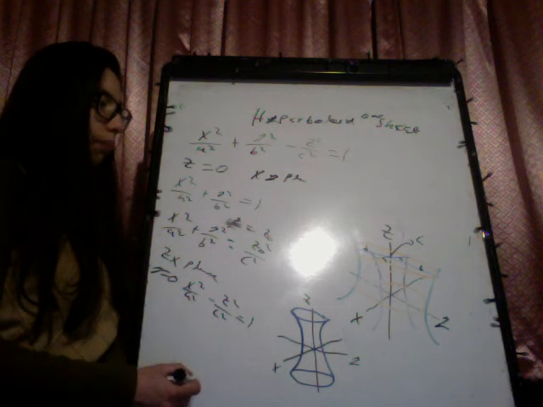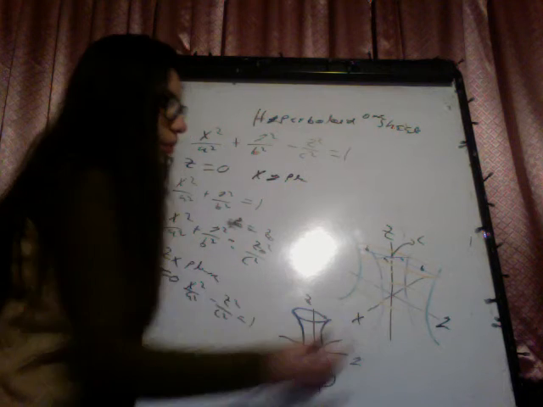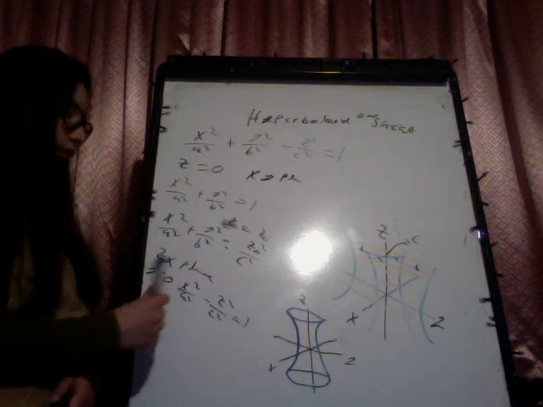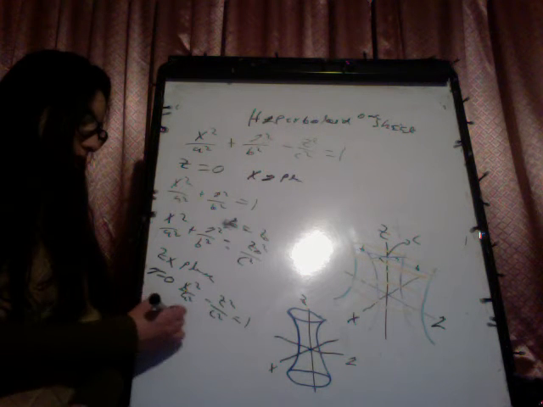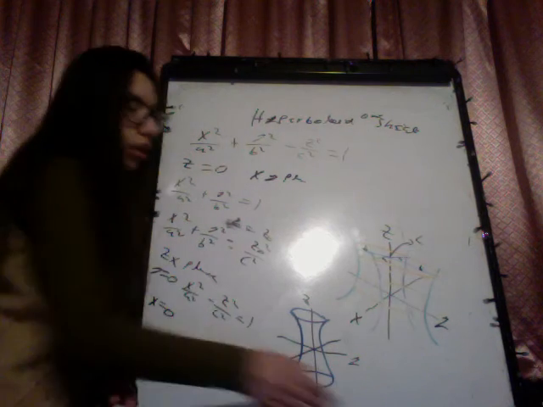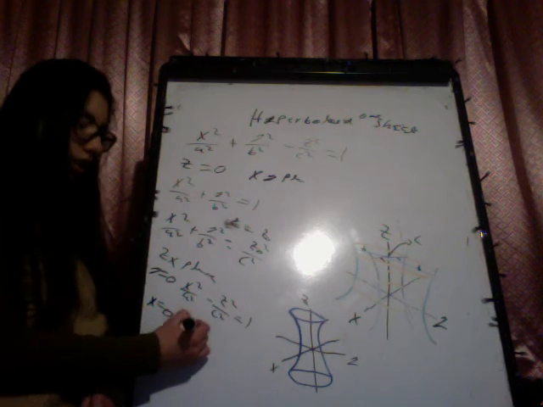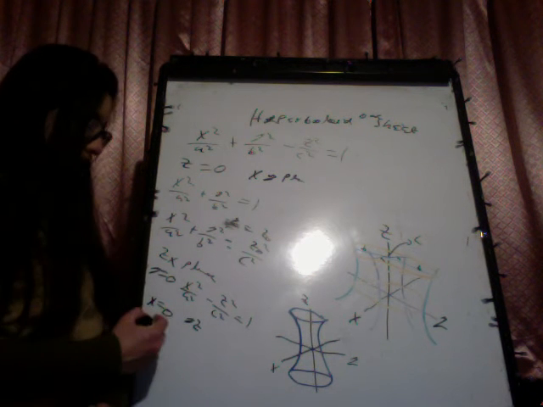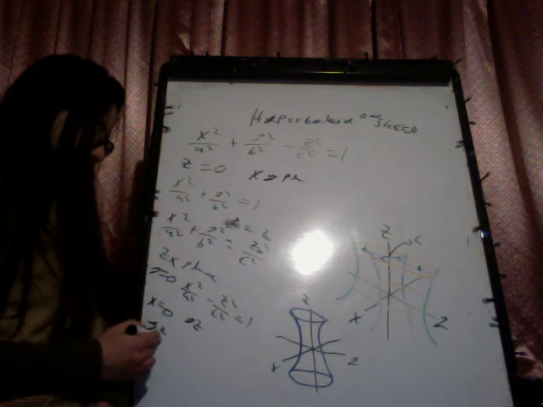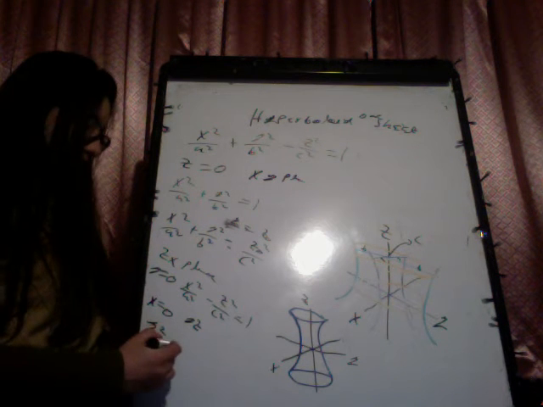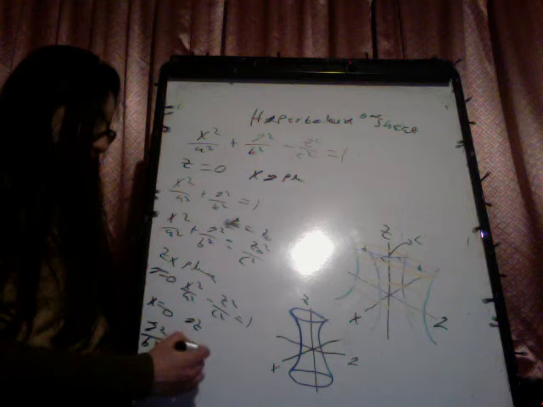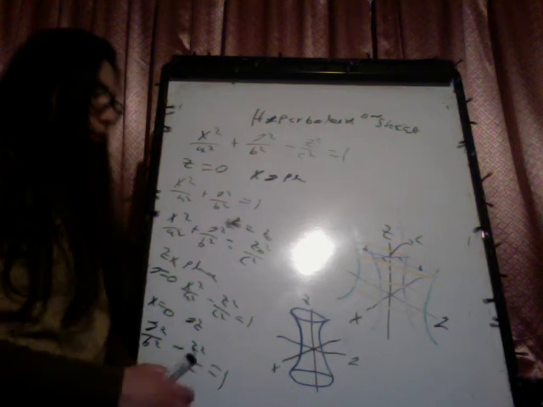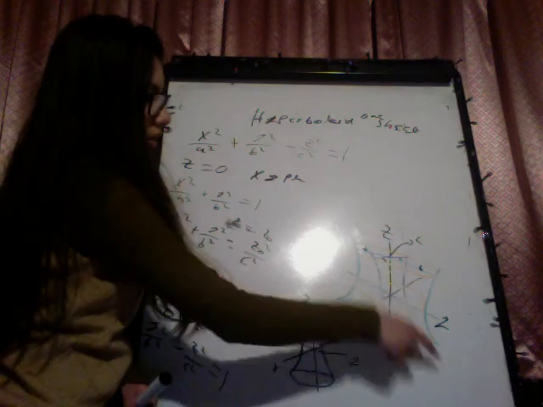You have a hyperbola, and this is the blue hyperbola that lives in the cx plane. If you cut through the x equals 0 plane, the yc plane, you have y squared divided by b squared minus c squared divided by c squared equals 1. So you have again other hyperbolas, which are the green ones.